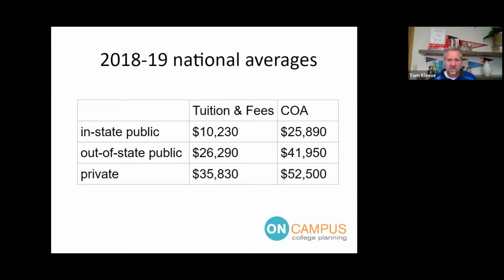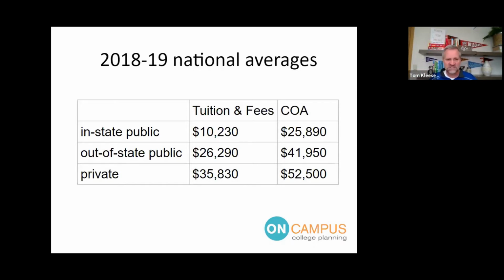The main thing I want to think about is how does the tuition vary? So for in-state public universities, we're looking at just over $10,000 as a national average, and almost $26,000 as a cost of attendance, okay? In-state public university, UW this, UW that, whatever it might be for your state as well.